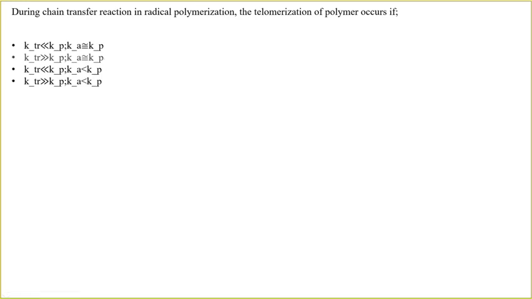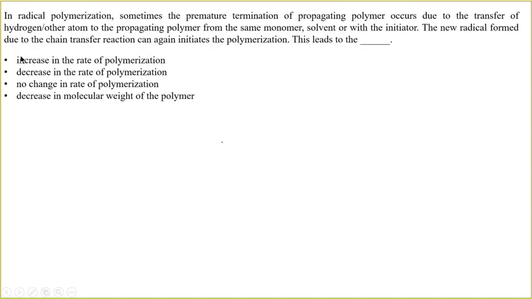So the reinitiation radical reaction rate is equivalent to the original propagating rate. That's why option B is the correct answer: KTR is greater than Kp and Ka is equal to Kp.